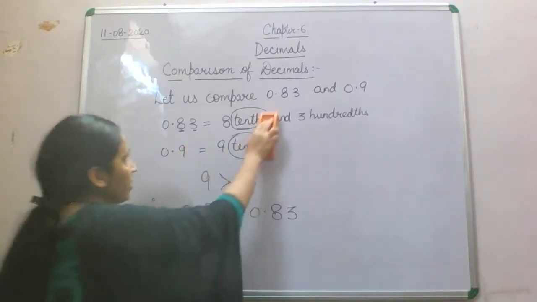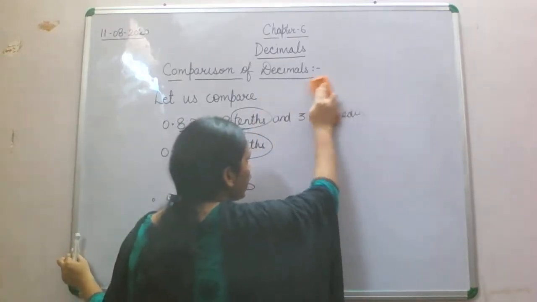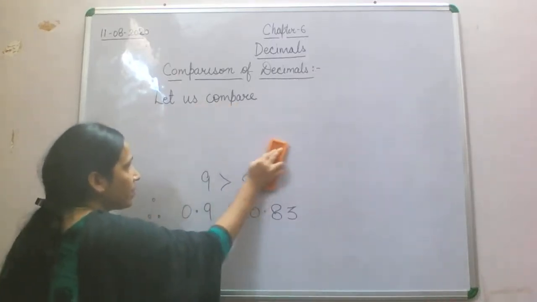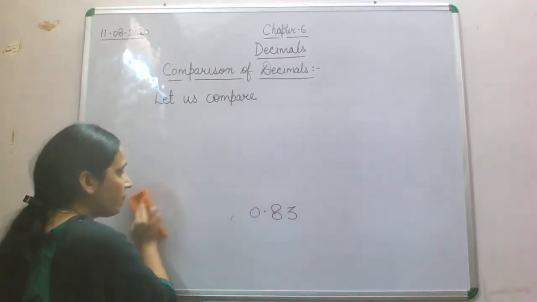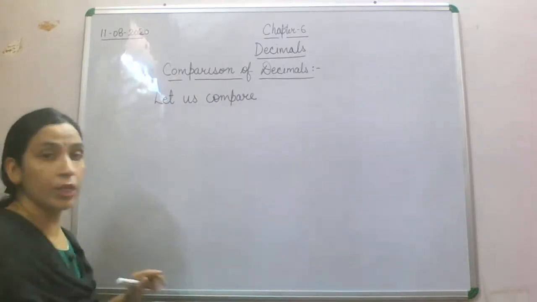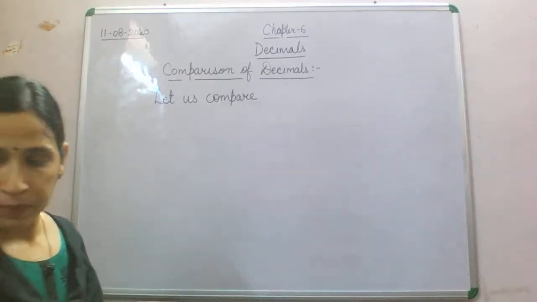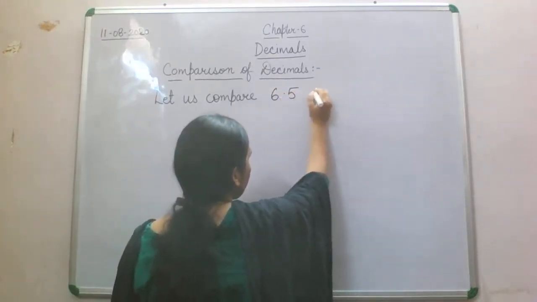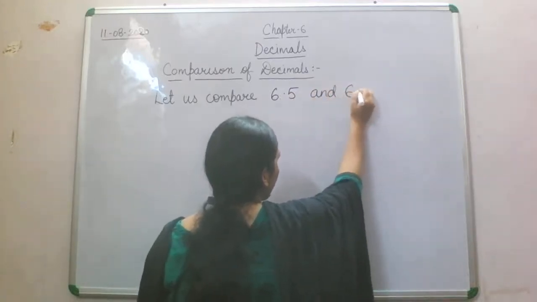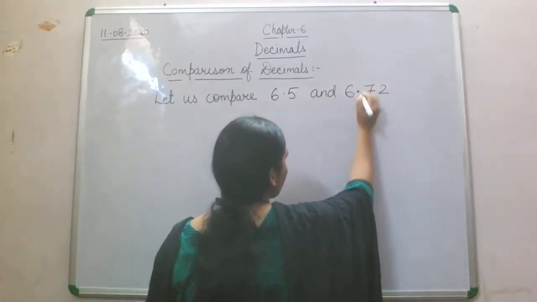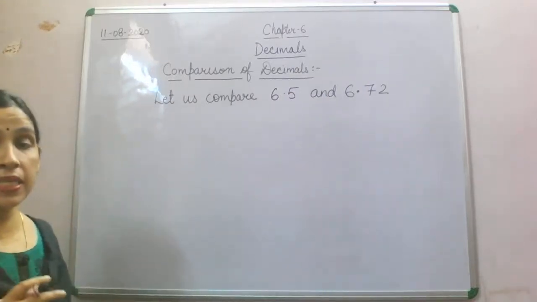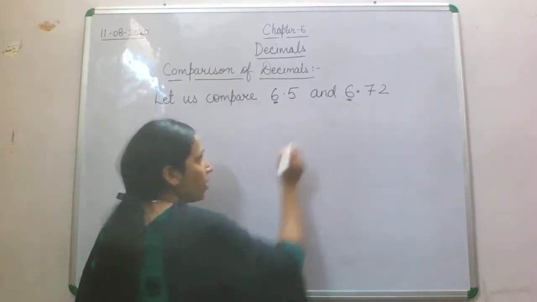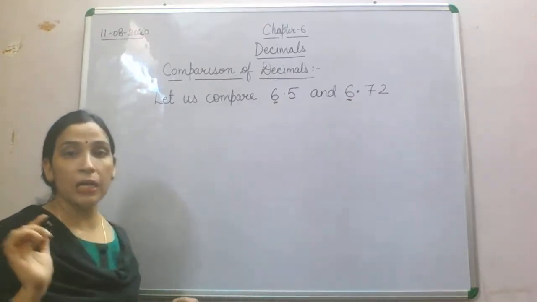So let us compare one more decimal number. In the next decimal number I am going to take a number in which we have some whole number also. If the whole number is the same, then we are going to compare the fractional part. So let us compare 6.5 and 6.72. As you can see in this question, the whole number part 6 is equal, so we are not going to compare that.